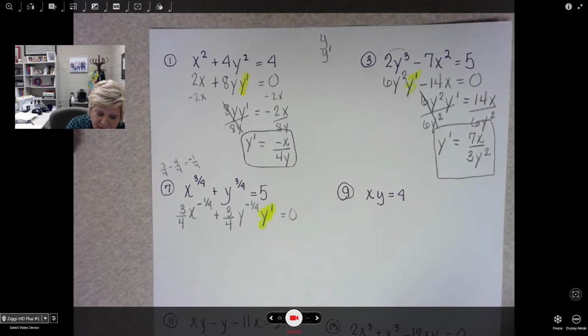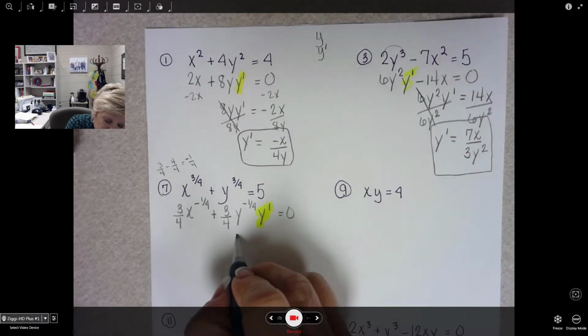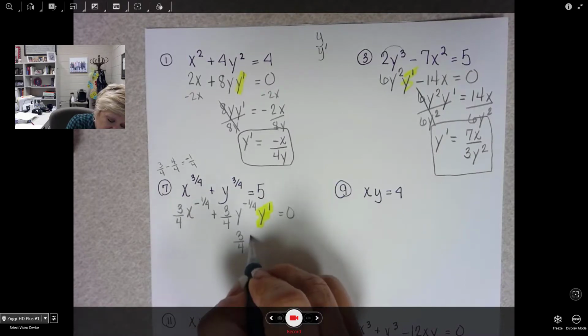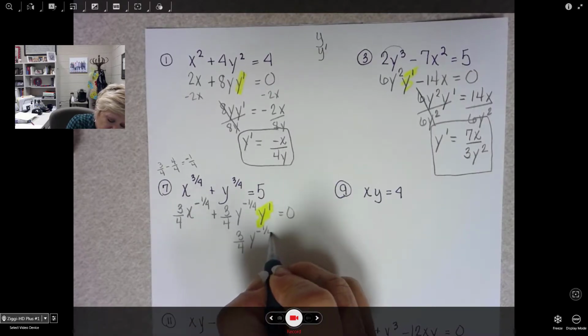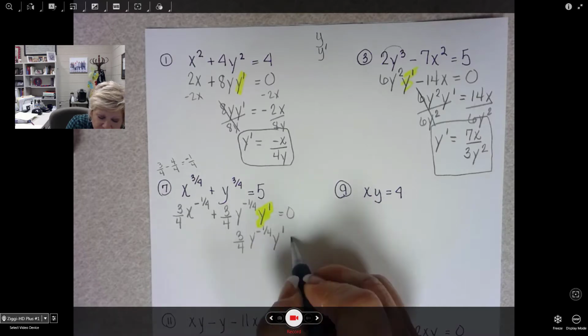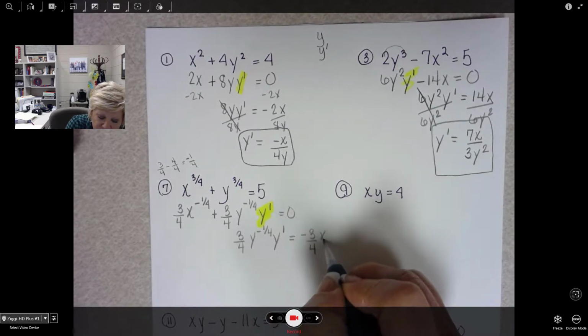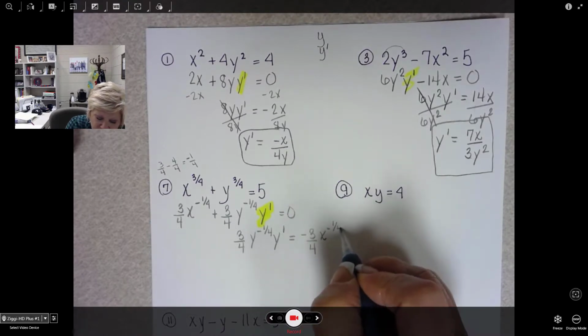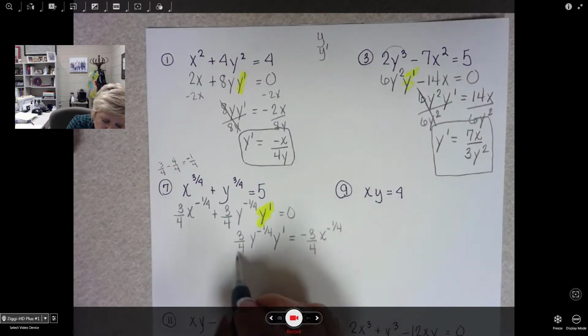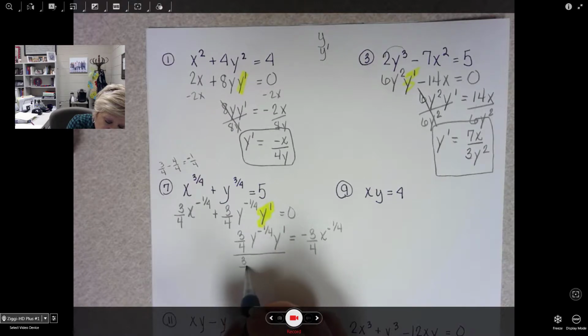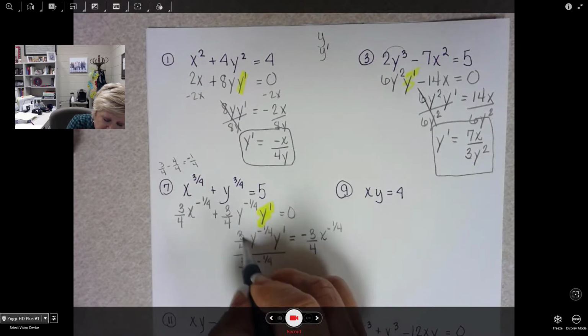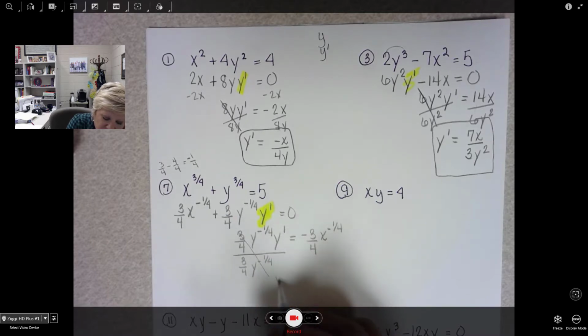So that's all the derivative stuff. Now we just need to clean it up. So I will leave this 3/4 y to the negative 1/4 y prime on this side and take the other one away from both sides. Don't worry about the negative exponents yet. Divide by 3/4 y to the negative 1/4. So it will divide out and all you have is y prime left.